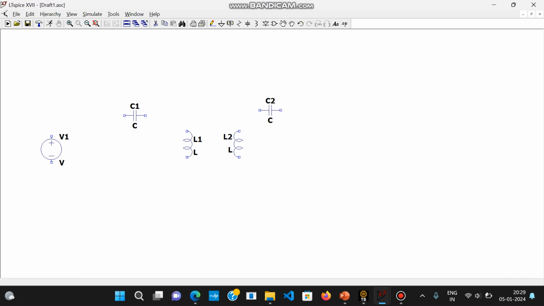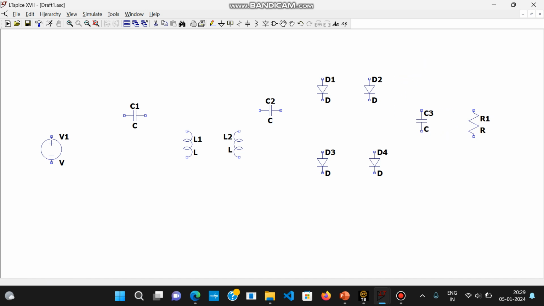Now let's place the diodes to make a bridge rectifier. Okay, now let's place a capacitor for filtering purpose, followed by a load in the form of a resistor.